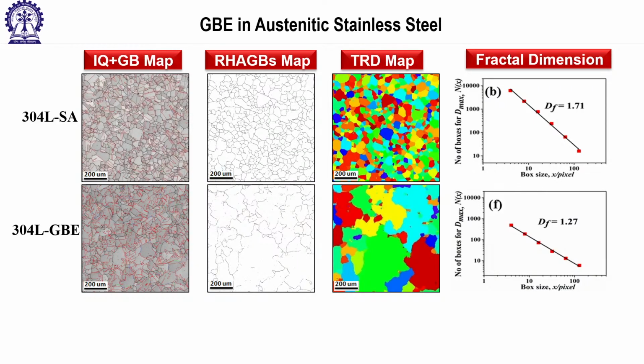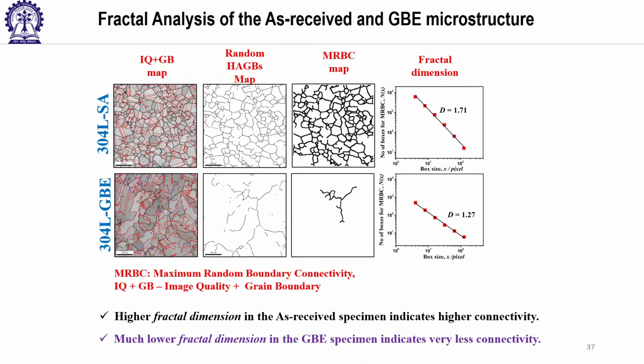So those who are interested in fractal calculations, you can do it, it is very simple, not at all difficult. You can extract this data from your EBSD map, right? This is all available from your EBSD map.